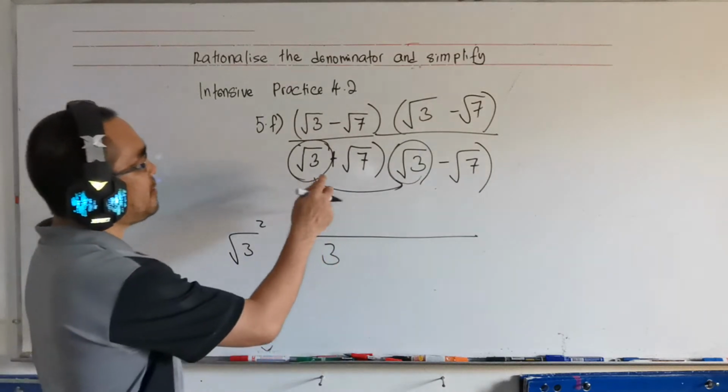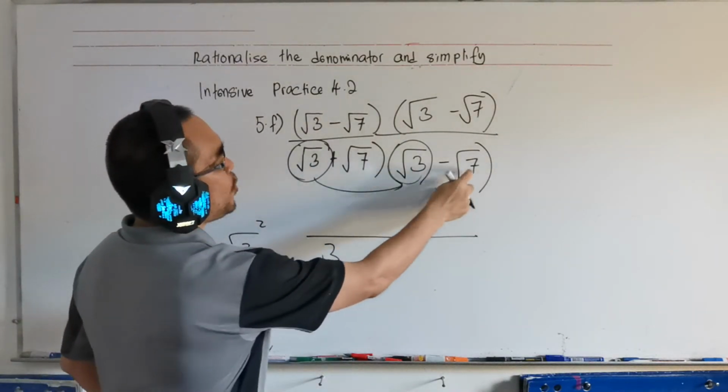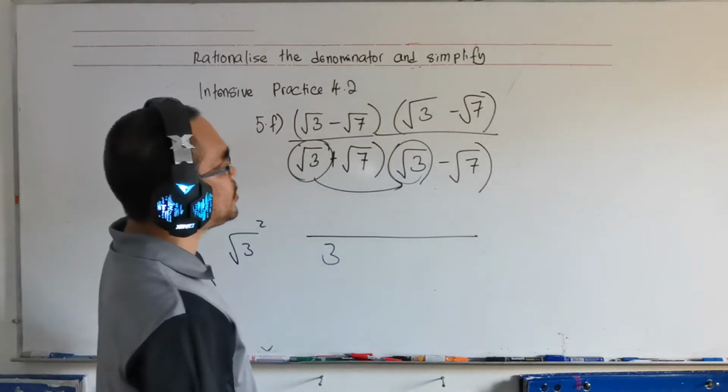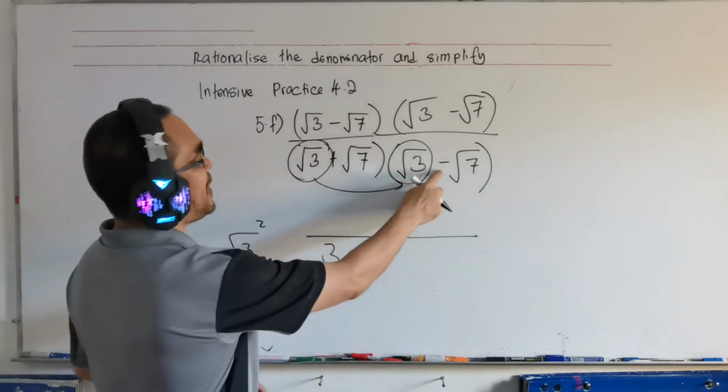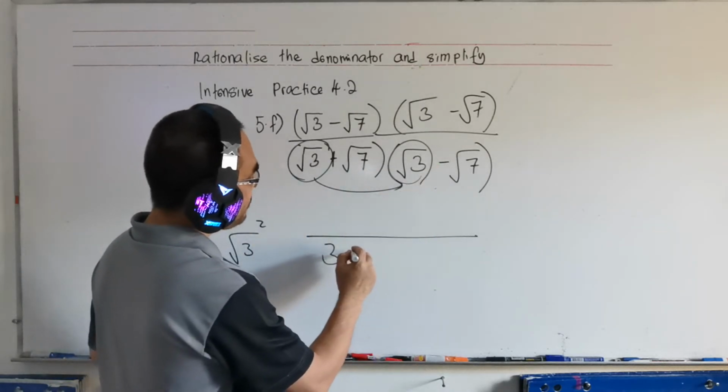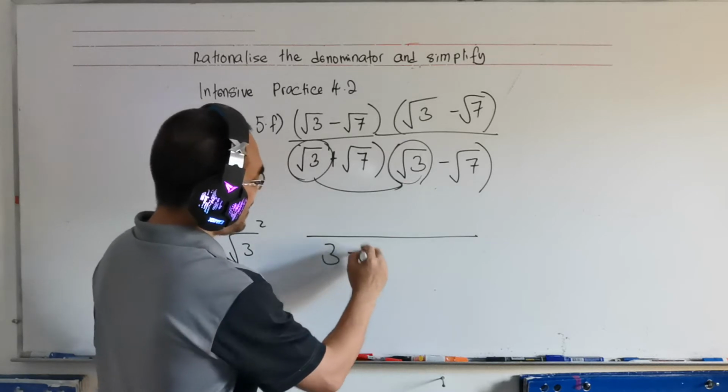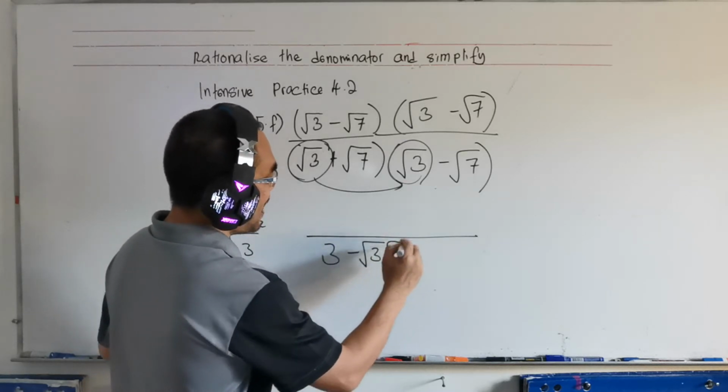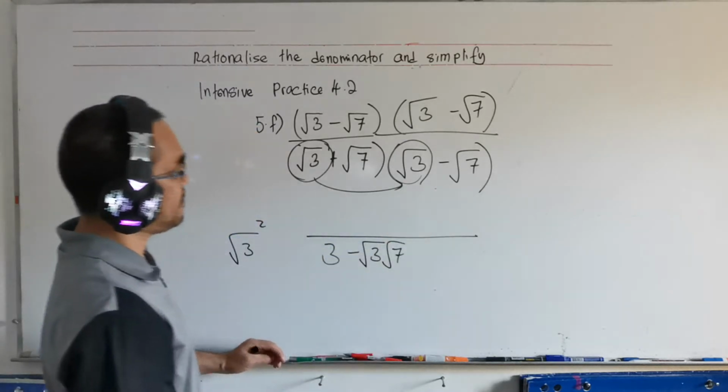Then you multiply square root of 3 with negative square root of 7, so you have minus square root of 3 times square root of 7.